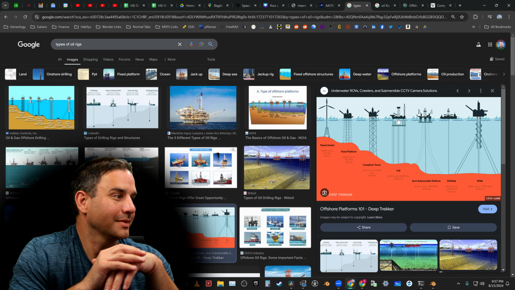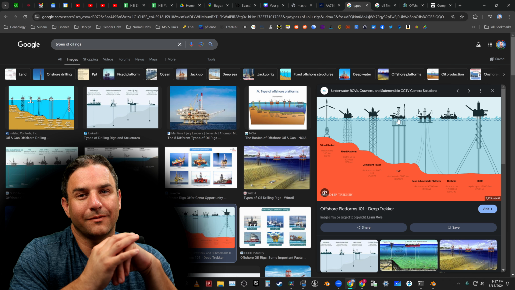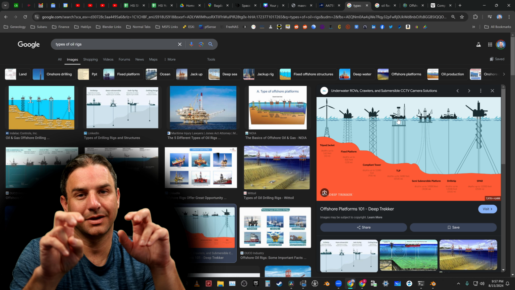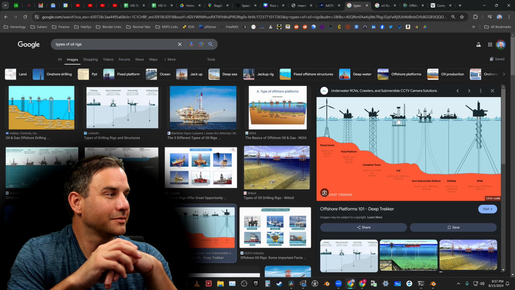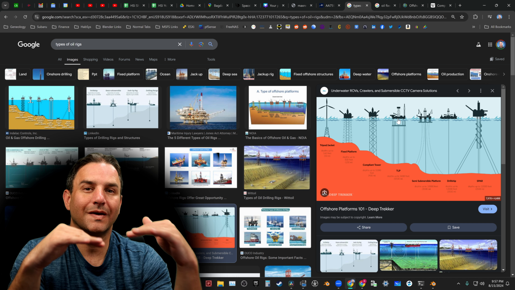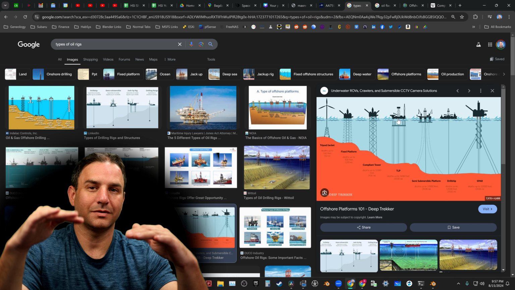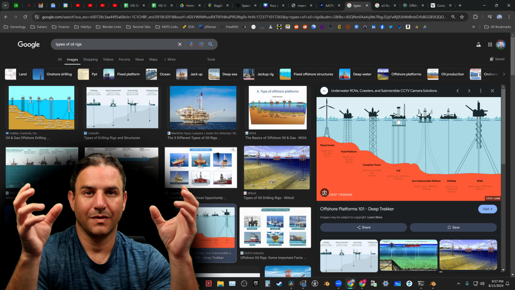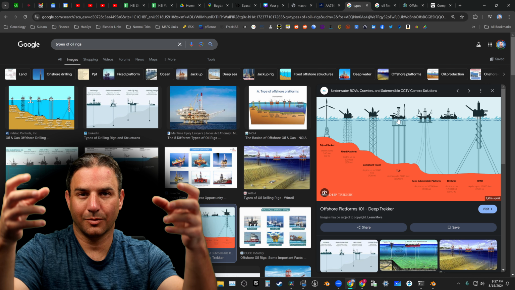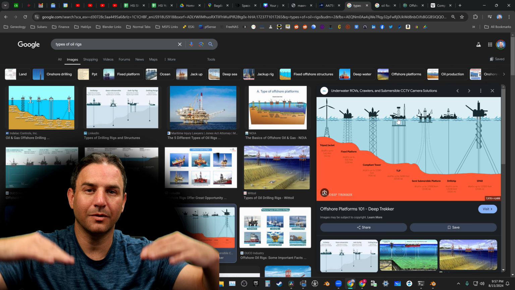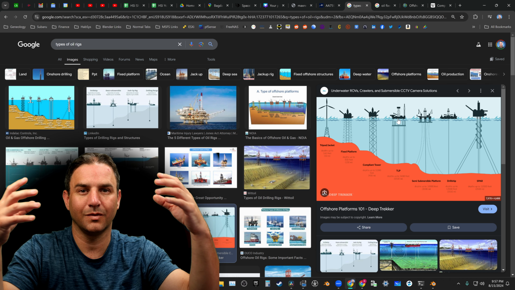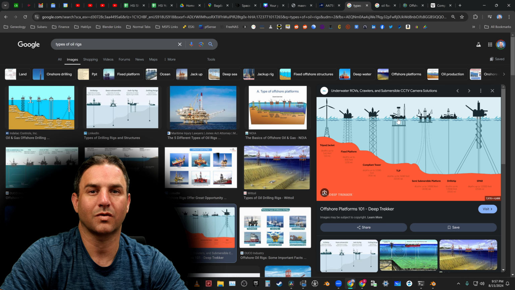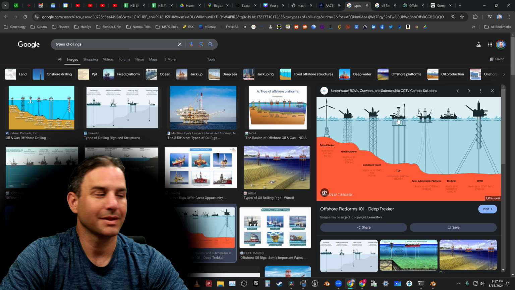So the semi-submersible platform, without being a tension leg version, is typically just floating out there. Like I described, the metal structure with metal pillars connected at the bottom, connected at the top, and then your living structure and work structure is at the top.